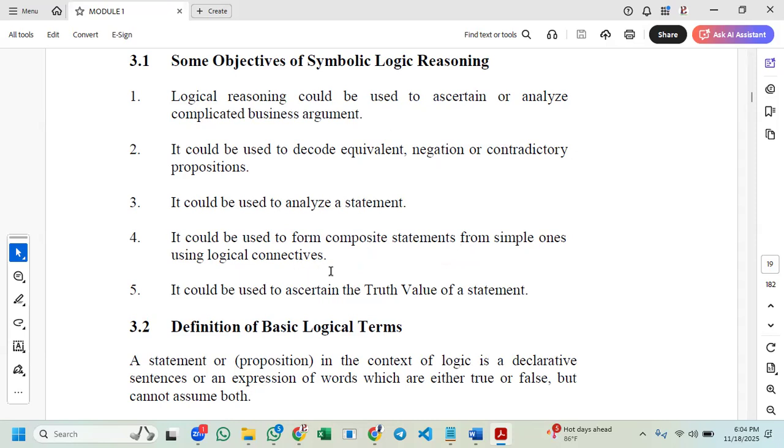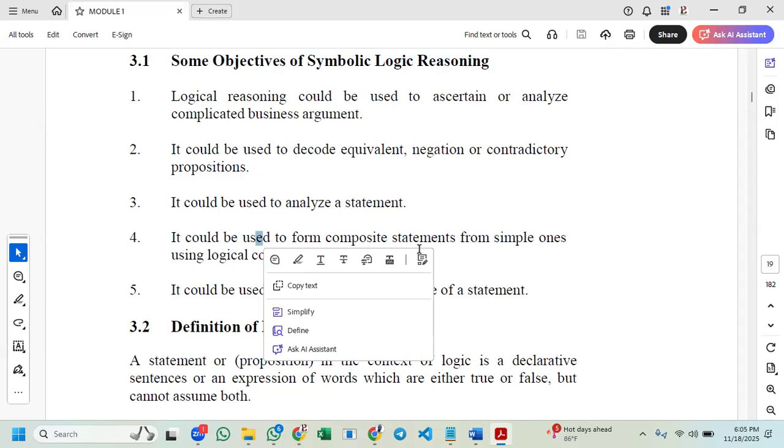This is a question in the exam. There are questions here that normally come out. One of the questions is that they will list three correct ones and put one that is not correct and tell you to fish it out. One of the following is not an objective of symbolic logic reasoning. Then this one alone is a question: they will say that dash could be used to form composite statements from simple ones using logical connectives.